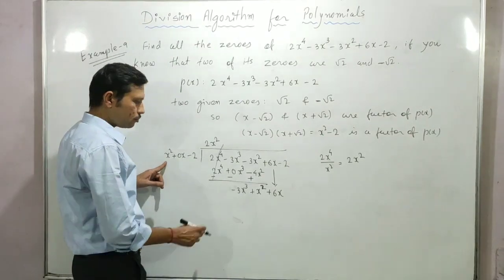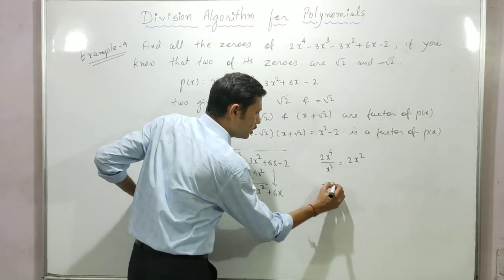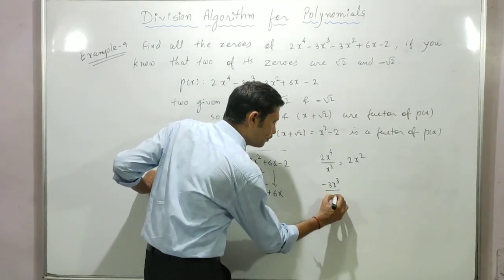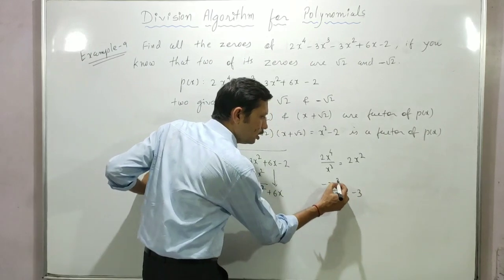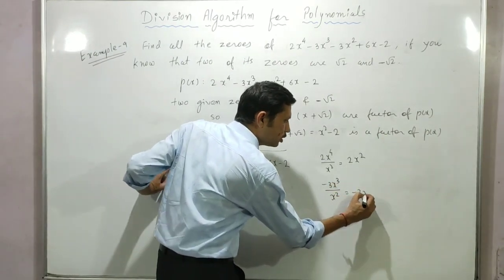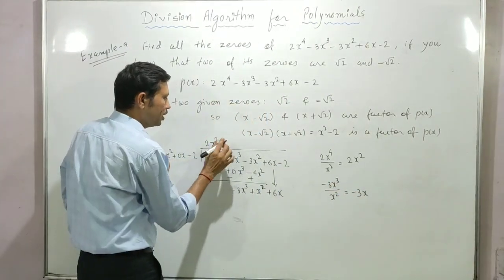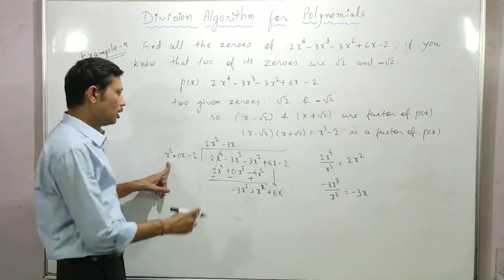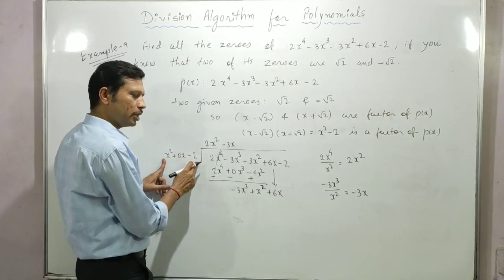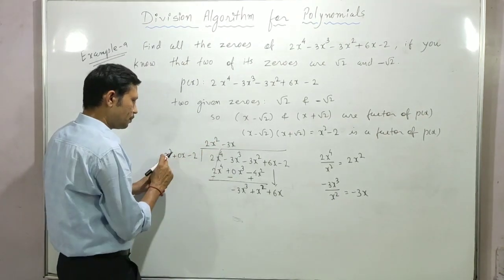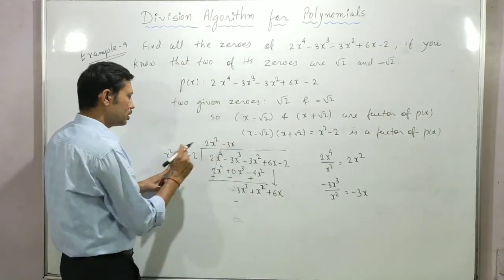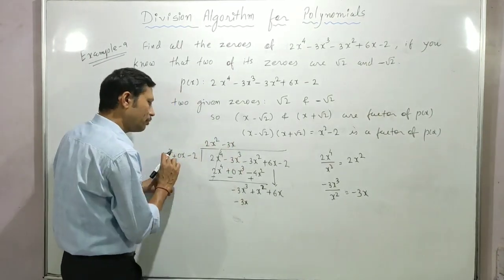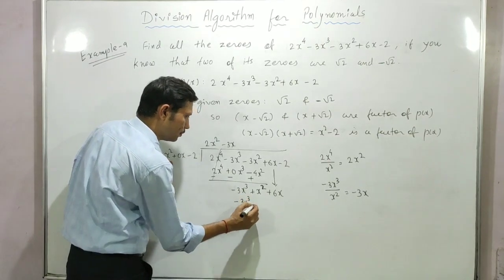Okay. Now see, the first term of the dividend is minus 3x cube, and first term of the divisor is x square. So minus 3 from the 3 power, when I subtract here 2, it will be 1 power. So minus 3x, that is the second term of our quotient. Minus 3x multiply with all these 3 terms, and we will write down here. So minus plus minus, first of all 3x multiply with x square, it becomes x cube.